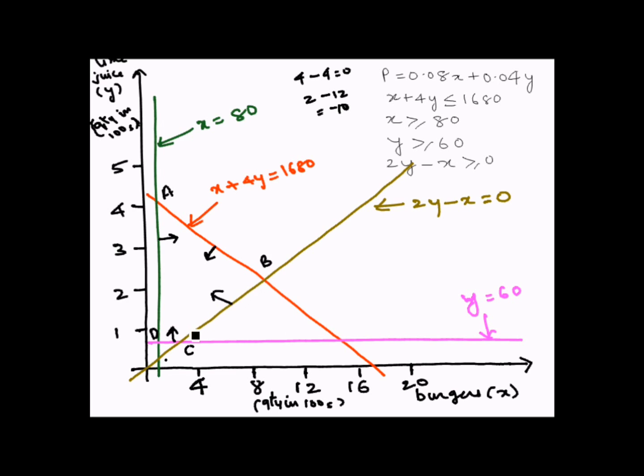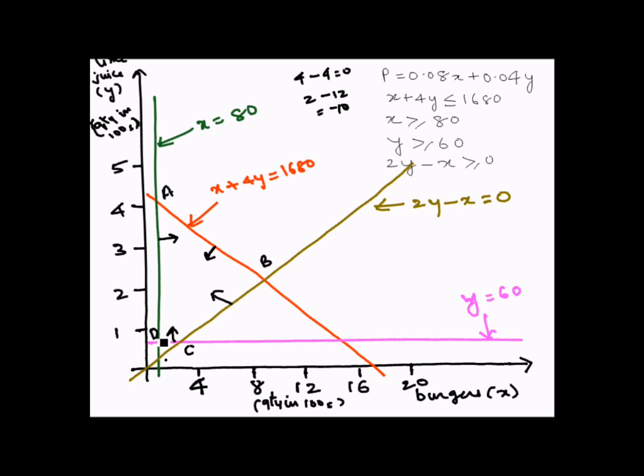So from B to C, at this point where this line is intersecting with the line y is equal to 60, this forms the point C. And after that, this is the pink line, which is the boundary of this feasible solution region.